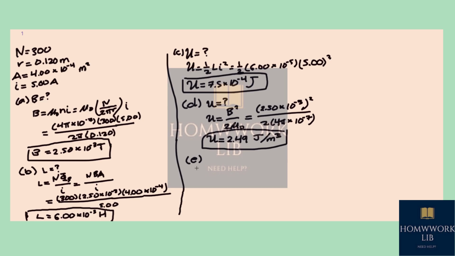And in part E, we want to verify our answer in part D by taking the actual energy and dividing it by the volume. So that's lowercase u on the left, uppercase U on the right. And then we can solve for the volume by multiplying the circumference by the cross-sectional area.